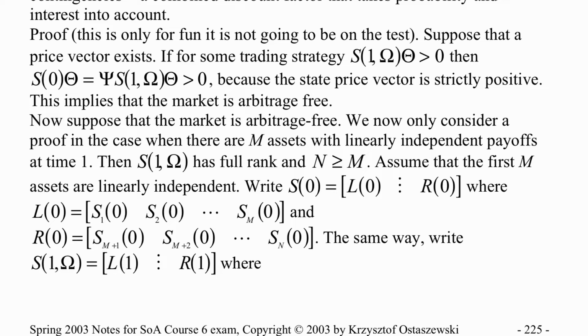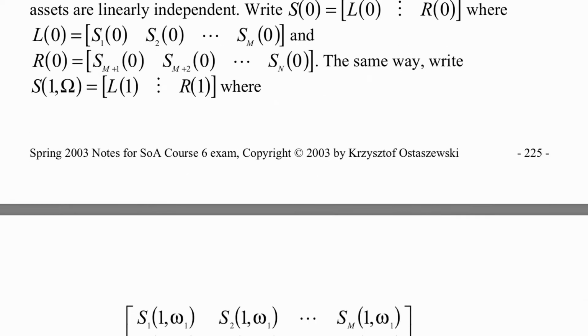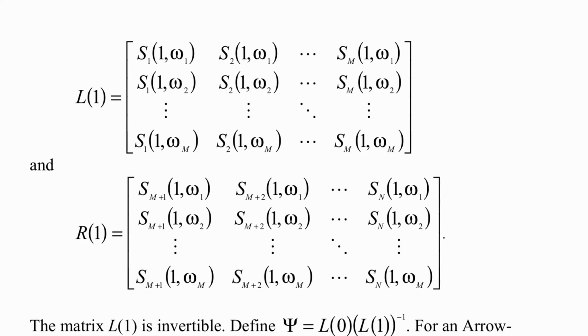Write S0 as L0 followed by R0, where L0 are the values at time 0 of those securities that are linearly independent, and R0 are the other ones. The same way, write S1(omega) as L1 followed by R1, the payoffs of those securities.